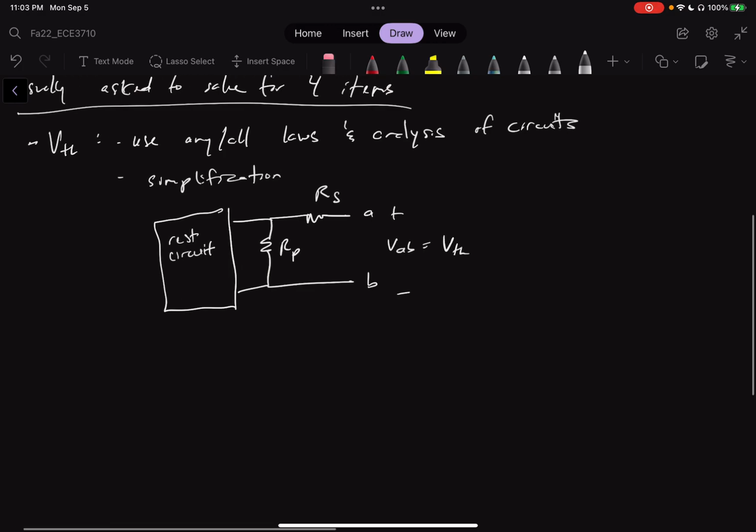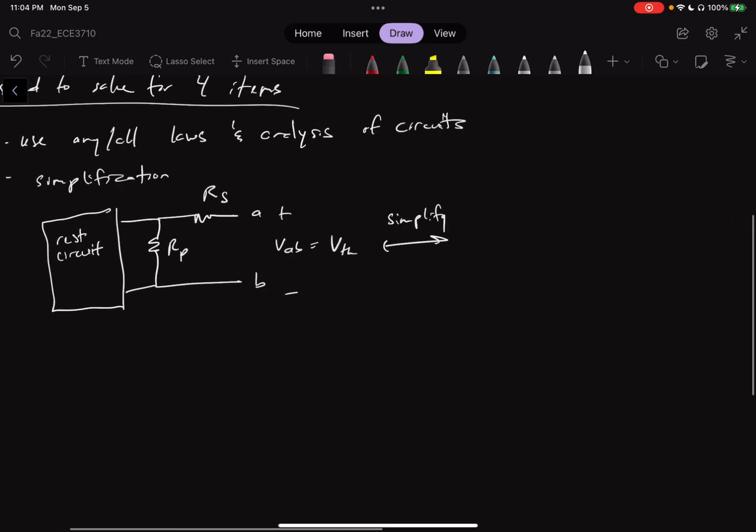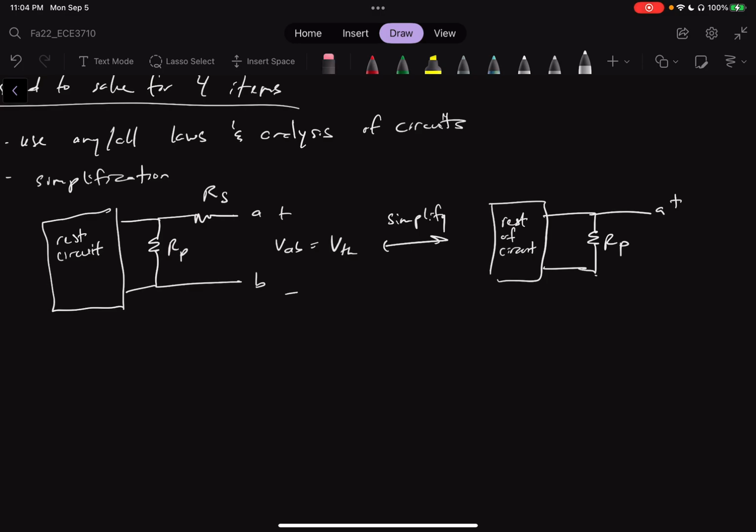So if you were solving for Thevenin, you can simplify and replace the drawing now with rest of circuit. You could replace it with this drawing.